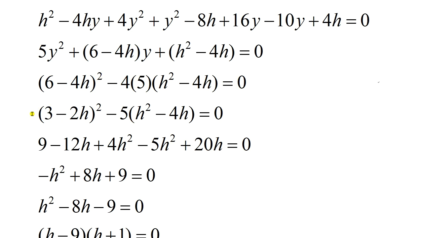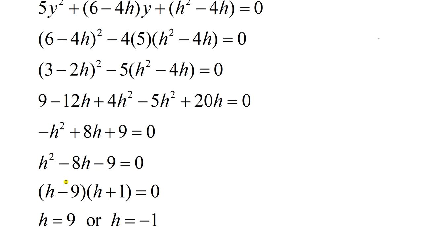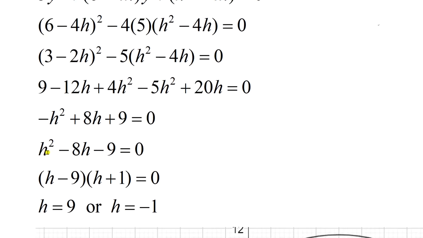This one divided by 4, you get 3 minus 2h all squared. This one divided by 4, you get 5 times something like this. Don't forget the right-hand side. Luckily, that's 0, and 0 divided by 4 is also 0. Then you expand the bracket and make it h squared minus 8h minus 9 equals 0. Then you solve: h equals 9 or h equals negative 1.